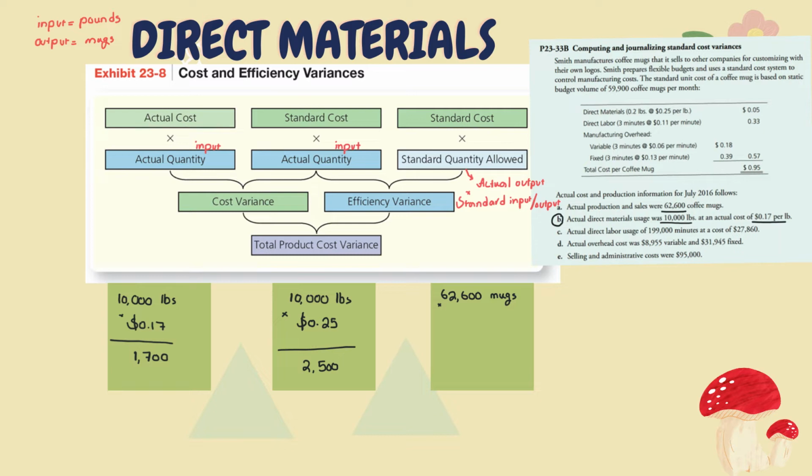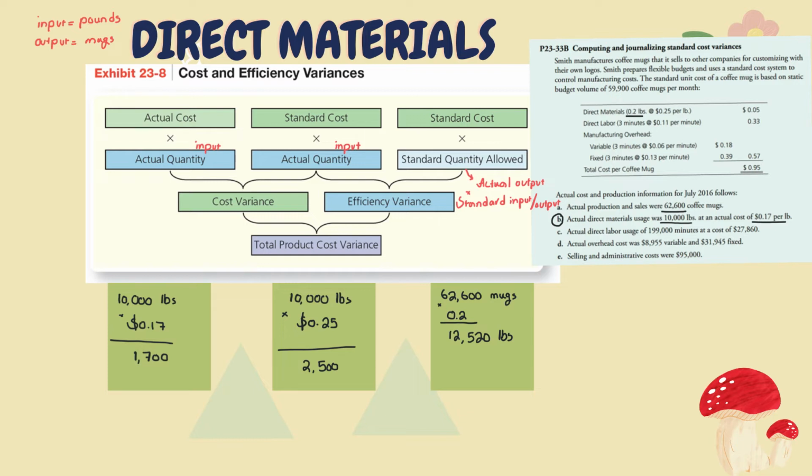How many pounds do I need to make one mug, which is 0.2 pounds. If we multiply 62,600 with 0.2, I get 12,520 pounds. Now this is the standard quantity allowed.